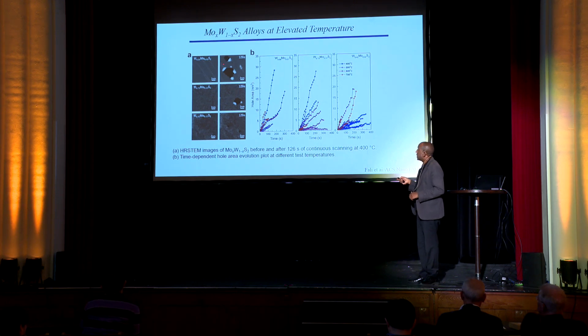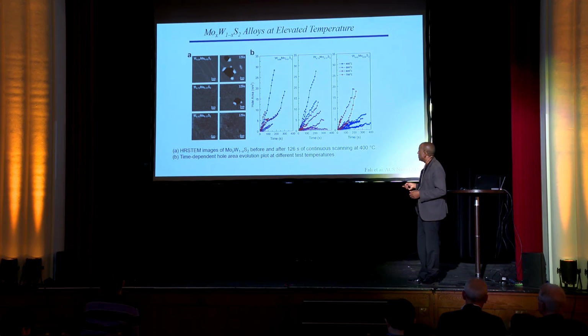If you raster scan all of these samples with an electron beam for the same amount of time, what you notice is you form these holes in all cases, but the size of the holes tends to be smaller, and the numbers also become smaller, in the one that's highly alloyed.